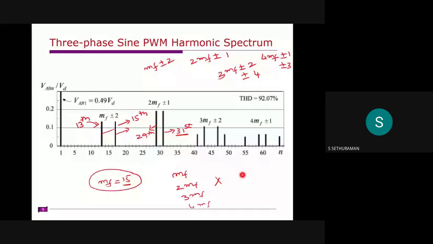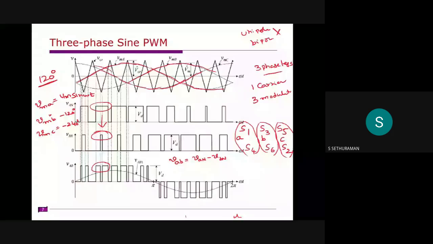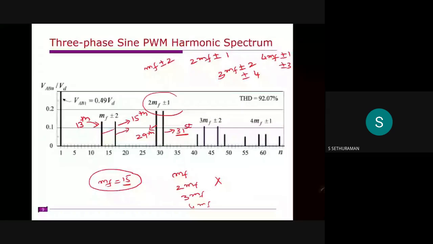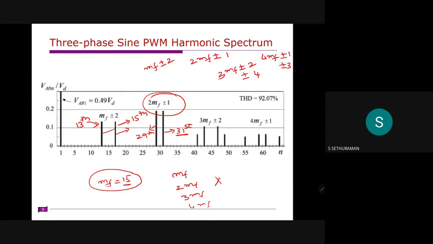Why? Because if you notice, this is 3 phase, so the pulse number is also effectively doubled. Therefore, normally this 2MF is greater than 2MF plus or minus 1. Oh, okay, sir.